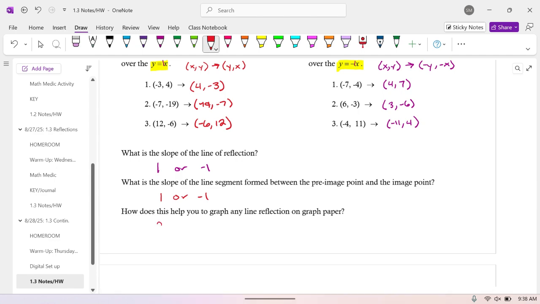So it means you find the slope from the pre-image to a point on the line of reflection.